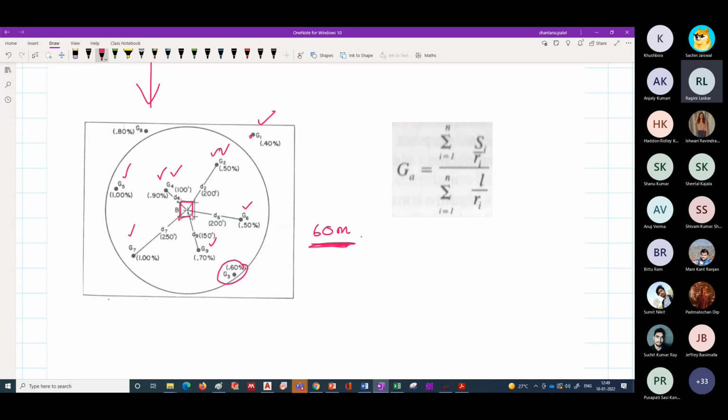You have the center of the block, you make a sphere or maybe a circle, and the boreholes falling within this radius are the ones you consider. This is what is shown here. This is the center of the block, and for G7 the grade is 1% and the distance is 250 feet. Similarly for G6, the distance is 200 feet and the grade is 0.5%. Is this clear up to here?